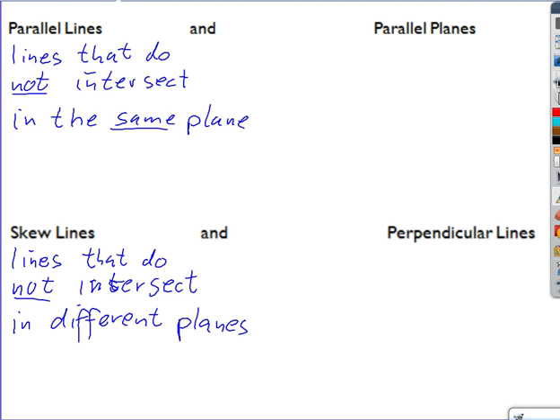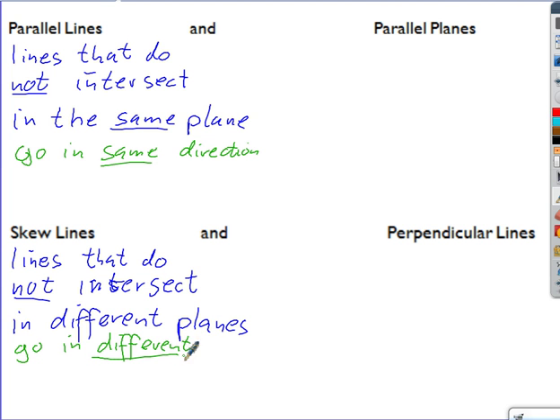Parallel lines, although they will never intersect, go in the same direction. But skew lines go in different directions. That's how we make that distinction between parallel lines and skew lines.